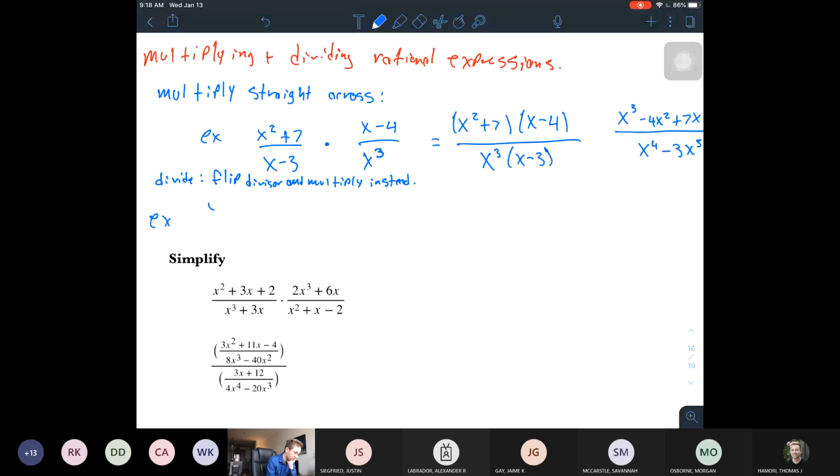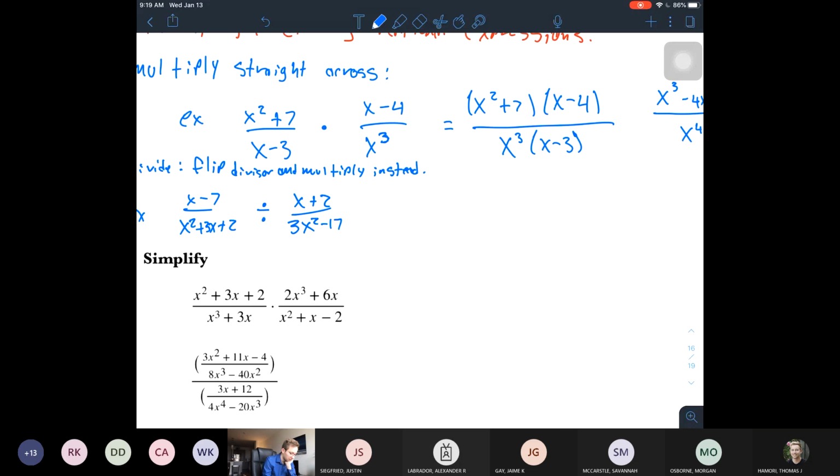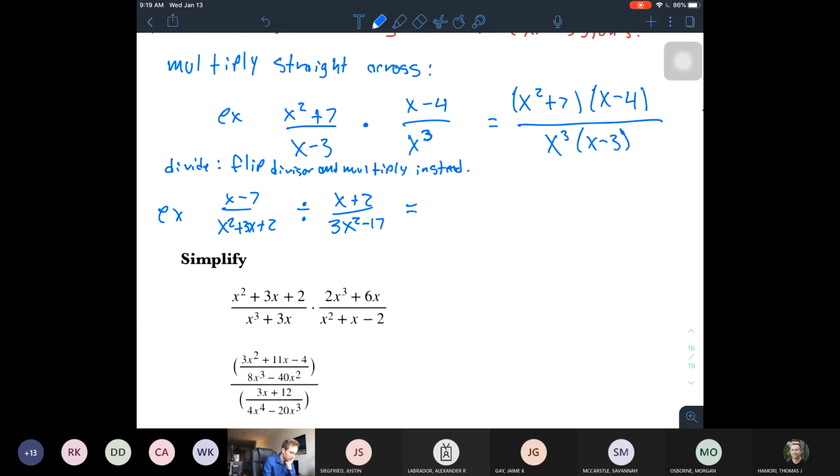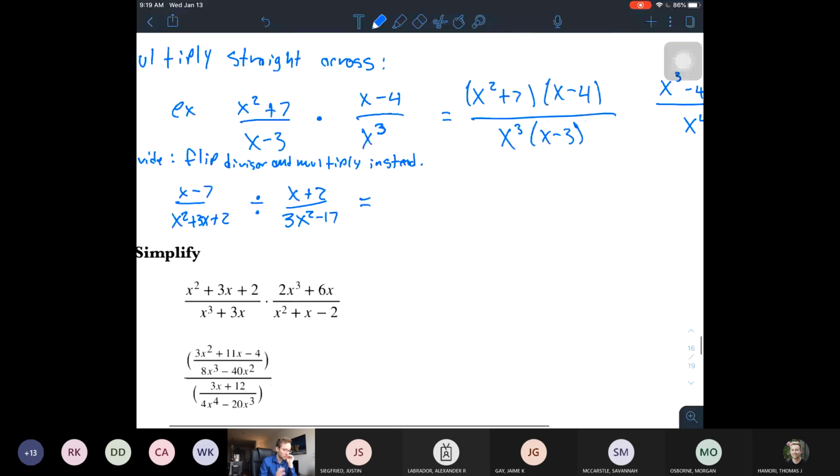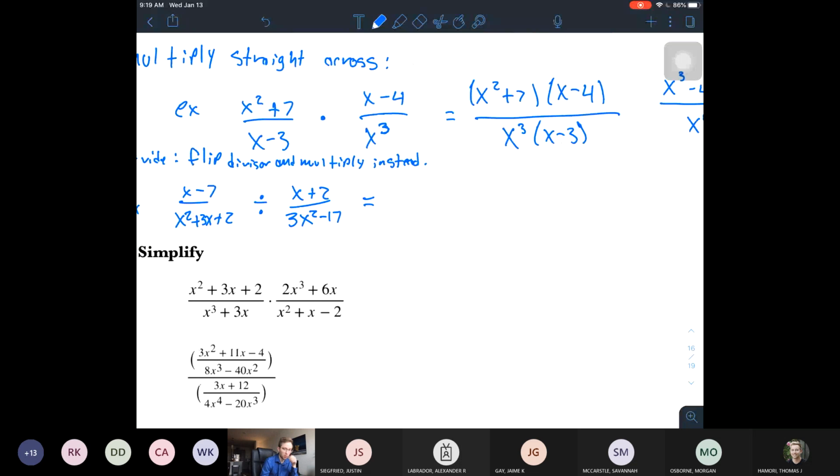For example, x minus 7 divided by x squared plus 3x plus 2, divided by x plus 2 over, I don't know, 3x squared minus 17. Instead of doing division, we're going to do this thing that we have always been told is equivalent to division. We're going to multiply by the reciprocal, okay?